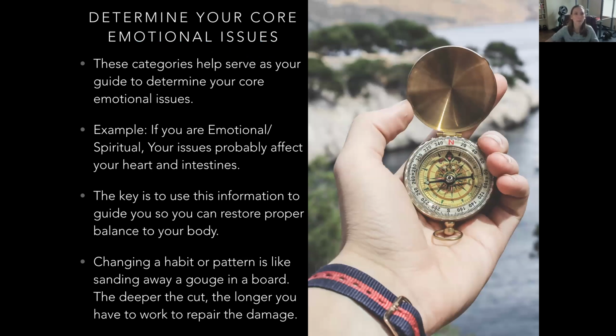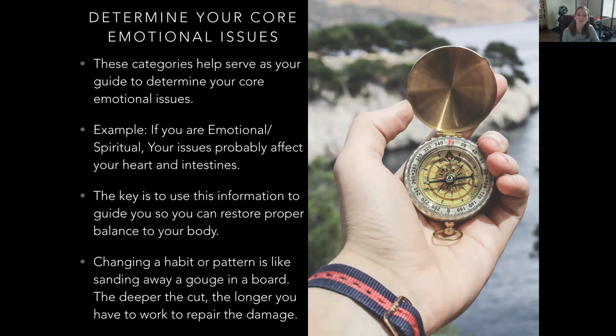Once we've determined our core emotional issues, then we can start to guide ourselves towards them, and once we've targeted them, to resolve them. So if you're emotional spiritual, then your issues are probably in your heart and your intestines. So if you start feeling like, okay, I think it's my heart, let's go with that, then we can start working through those charts to trigger that emotional release.